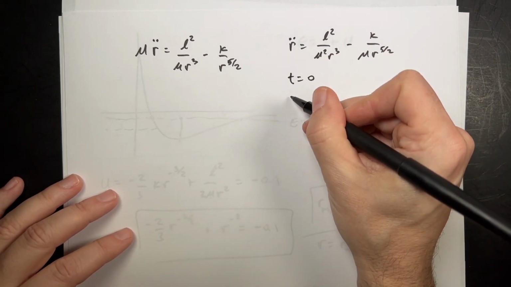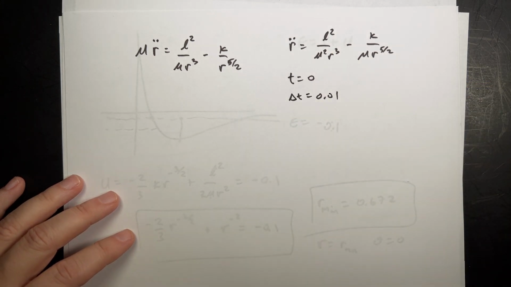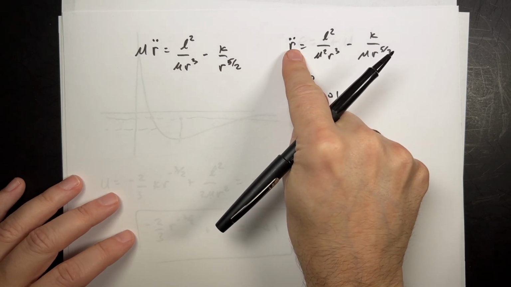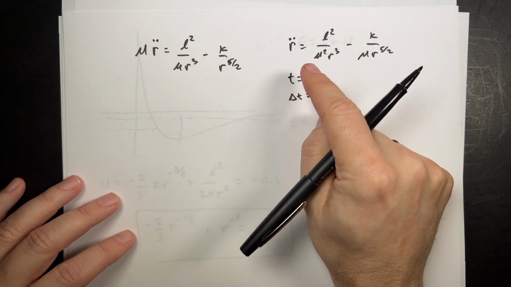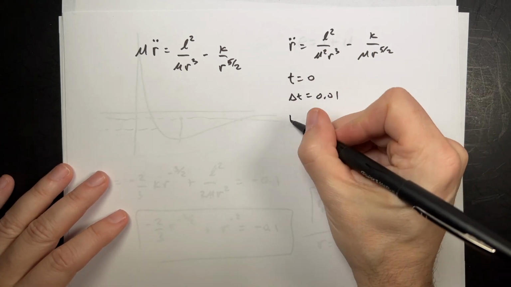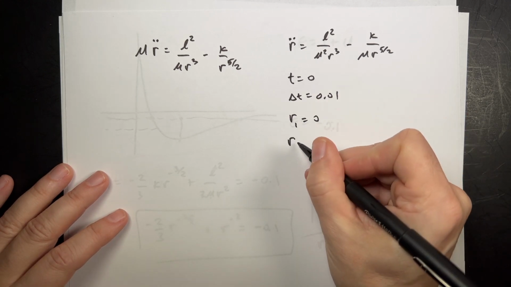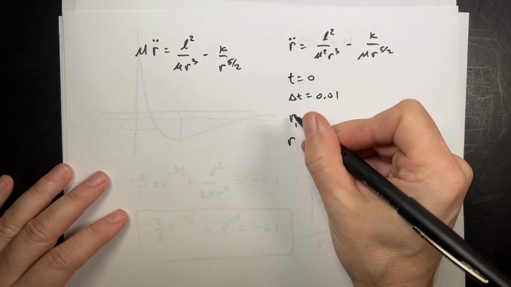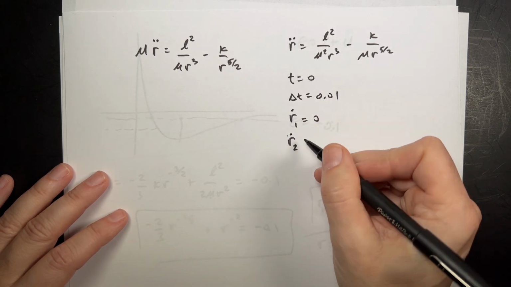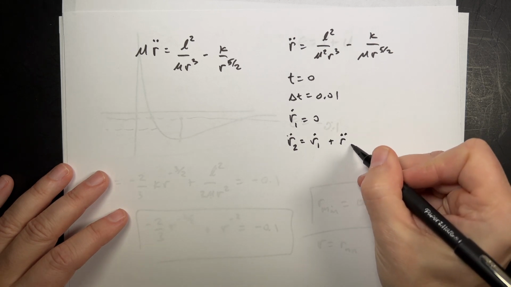T equals 0, delta t, let's try 0.01. During that time, I can assume that r double dot's constant. So if r double dot's constant, and the initial velocity r1 dot is 0, the velocity r2 dot is going to be r1 dot plus r double dot delta t.